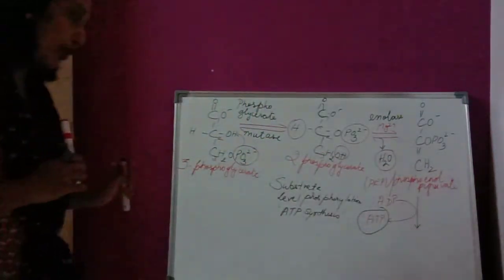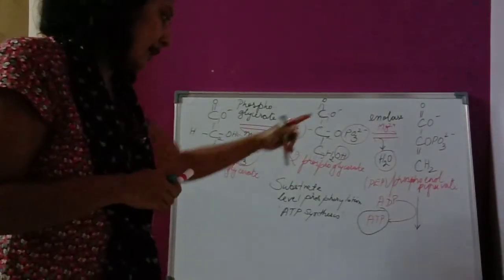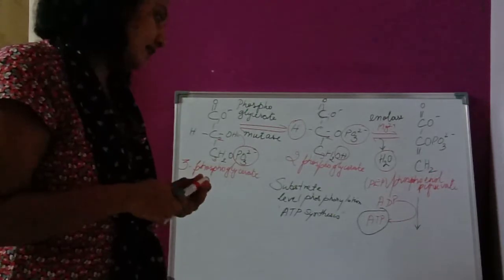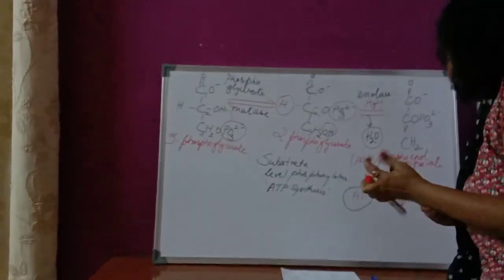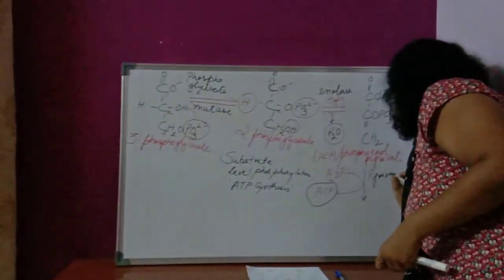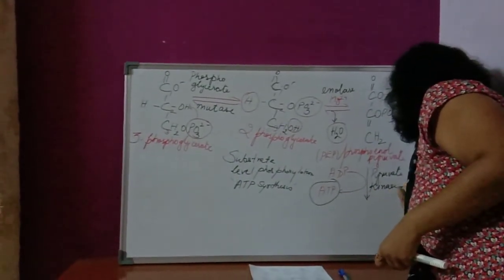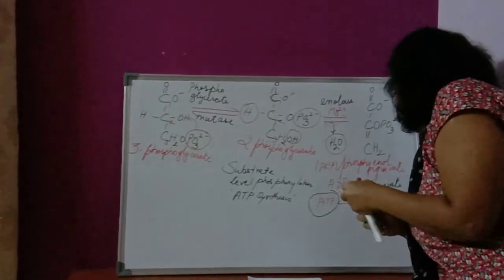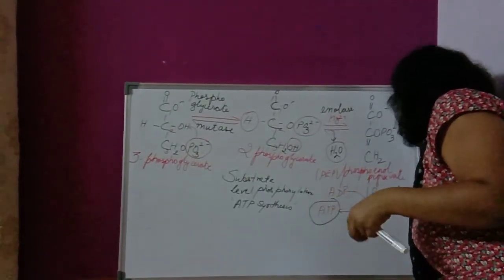The last product and the final product formed here is pyruvate. The enzyme involved there is pyruvate kinase. Wherever kinase enzyme is involved, you have to write Mg2 plus ion.